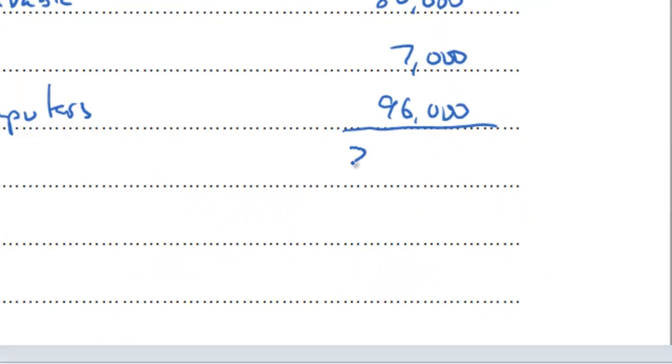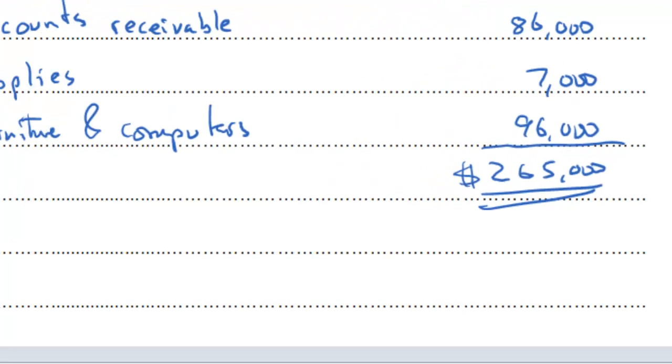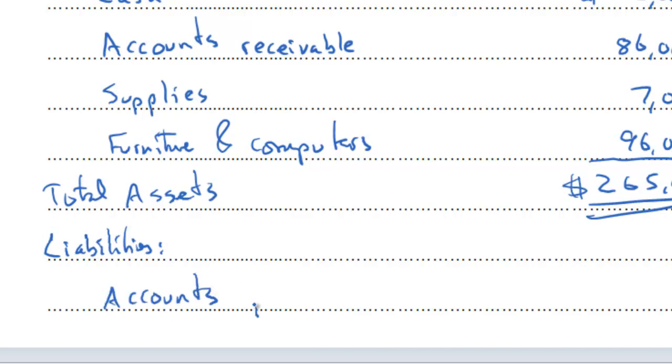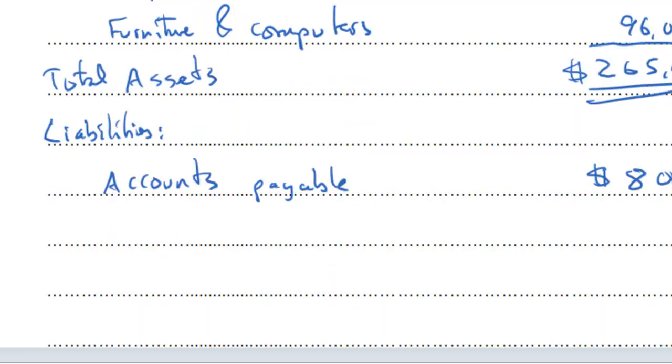We add all these together and we get $265,000, and we use the heading total assets. Okay, now we have liabilities. And the only liability we have is accounts payable. And it was $8,000. And then we have the final section, owner's equity.